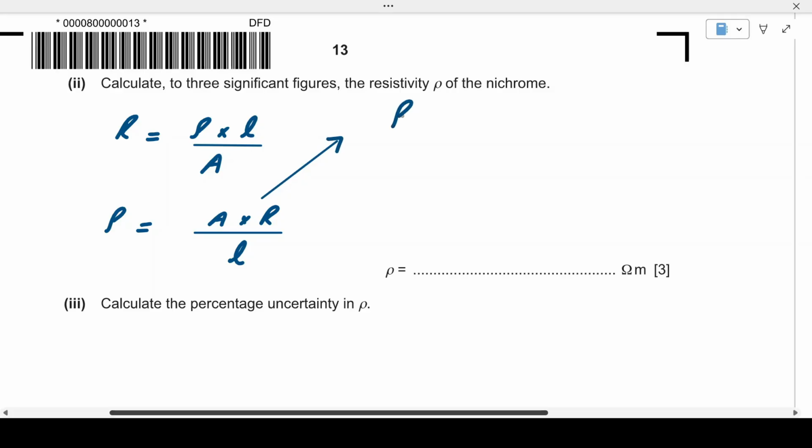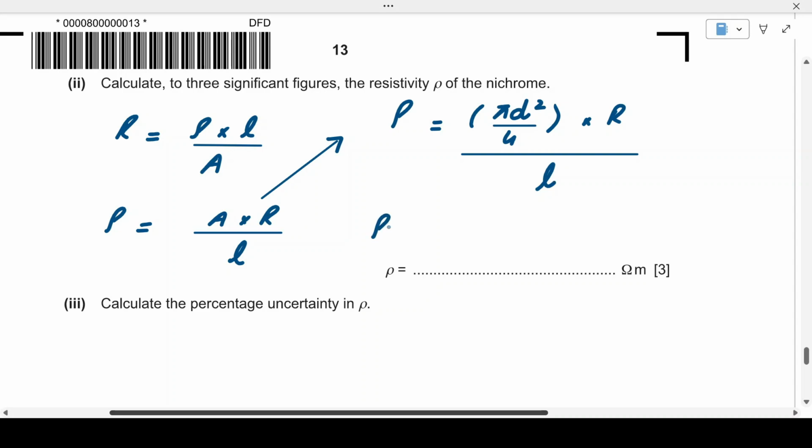And by the way, area in terms of diameter is, if you could remember, area is pi d square over 4. So instead of area, I'm writing pi d square over 4. Everything else as it is. Or you can find the radius first and then use pi r square.